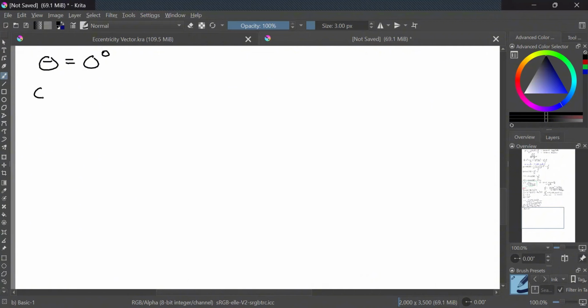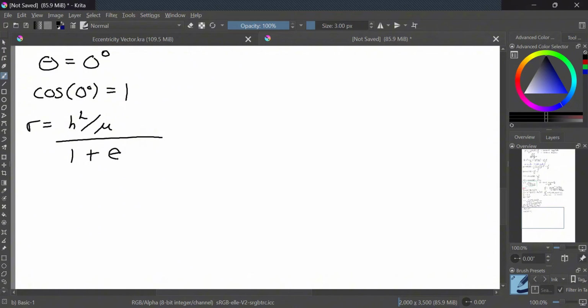Plugging that into our cosine here, cosine of 0 degrees is going to be +1. That means our radius equation turns into h squared by mu over 1 plus the eccentricity.